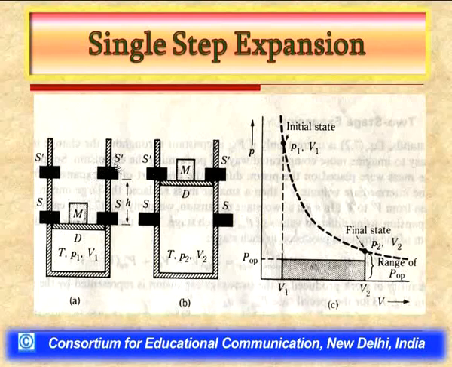These stoppers are provided just to ensure that when the system alters its volume from its initial volume V1, the piston will be held at these stops S dash and the volume of the system will change to value V2, only when the pressure of the system is greater than the opposing pressure.